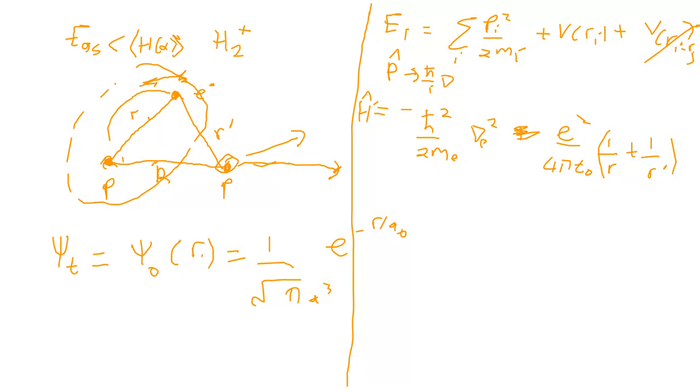So the best trial wave function would be the one that will be symmetric in terms of that r and that r prime. So you have to try and symmetrize. So it will just be some normalization, psi, say 0 of r plus psi 0 of r prime. So this is the trial wave function that you're going to try and use.